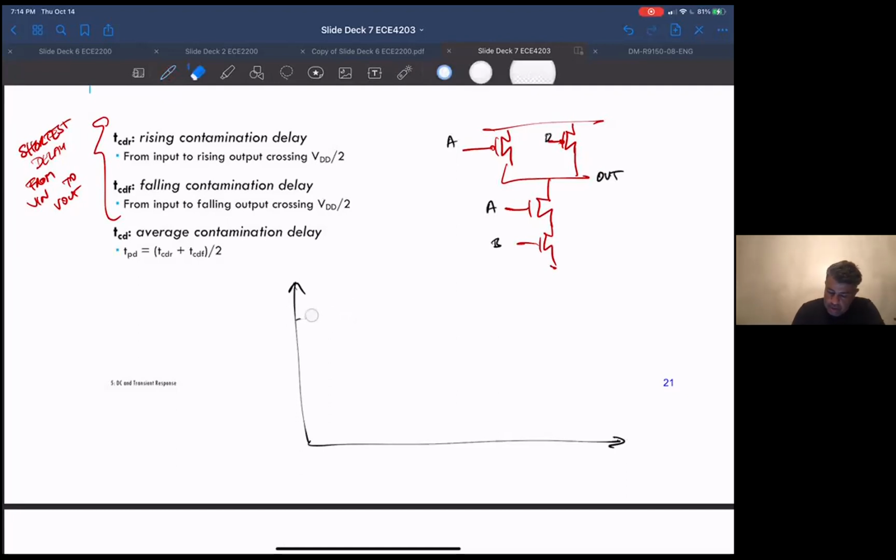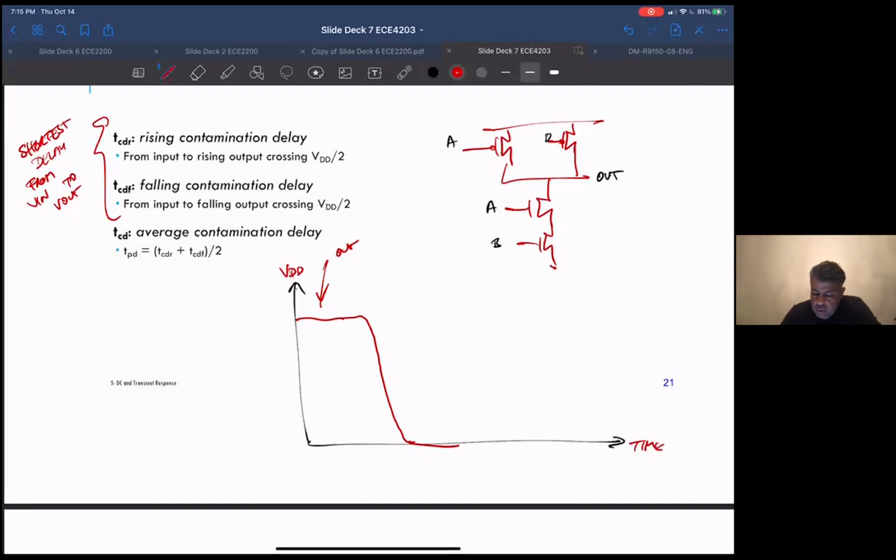Sorry guys, I might do this in a couple of iterations because I'm doing it on the fly here. So the output is going from high to low. So this is the output, and this is time.